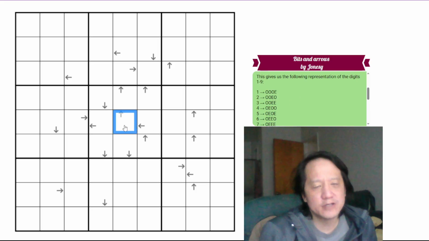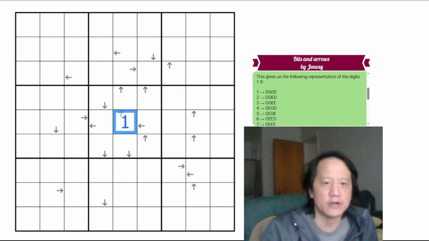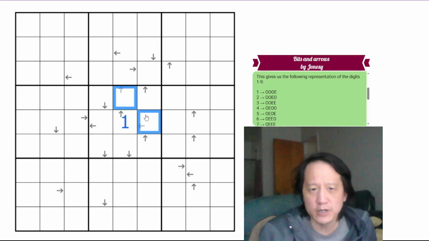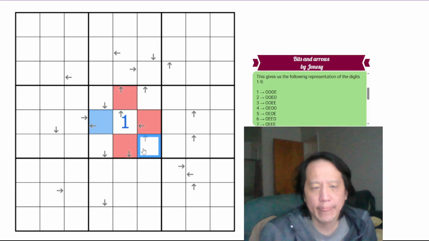Okay, let's look at the central one and then see what these can be. So say we had a 1 here, right? Then this would be odd, odd, odd, even. Obviously this would be odd. So what odd digits could work here?